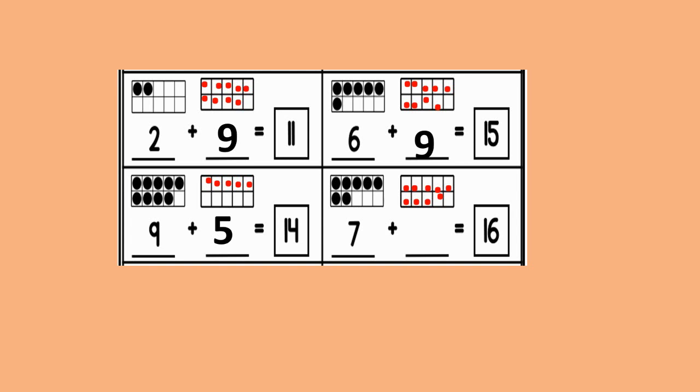Now we got the answer 16. Now we will count the number of dot. 1, 2, 3, 4, 5, 6, 7, 8, 9. So we draw 9 dot. So 7 plus 9 is equal to 16.